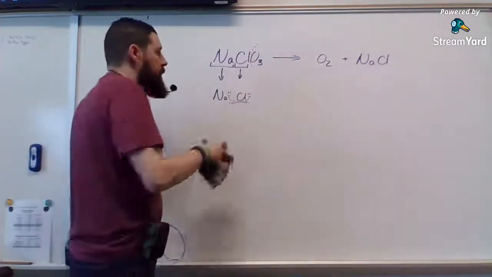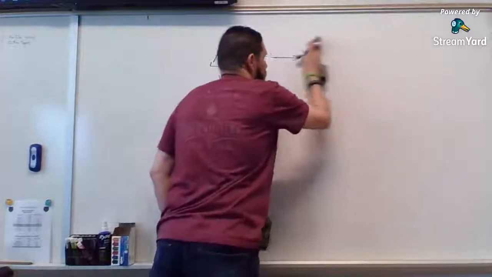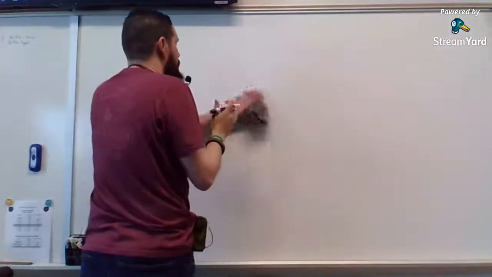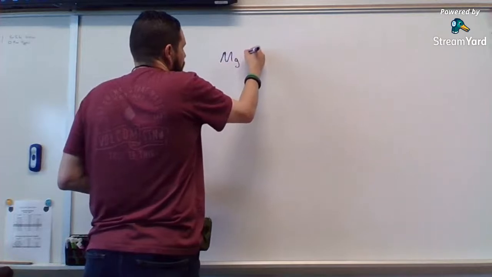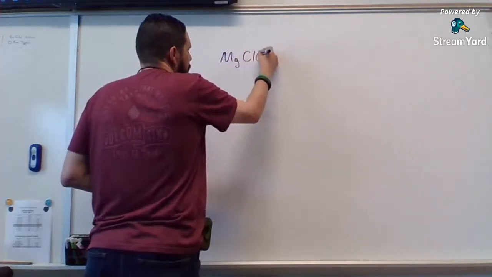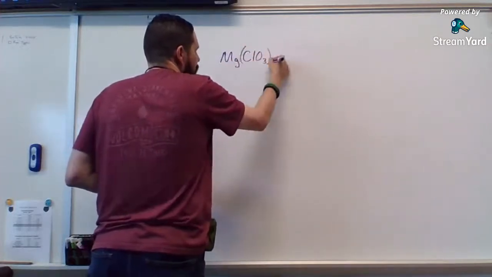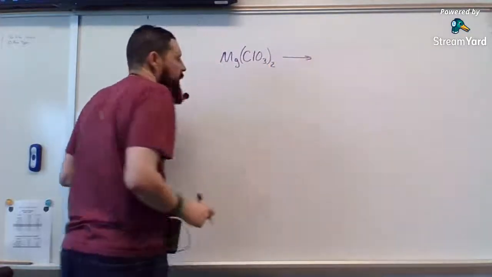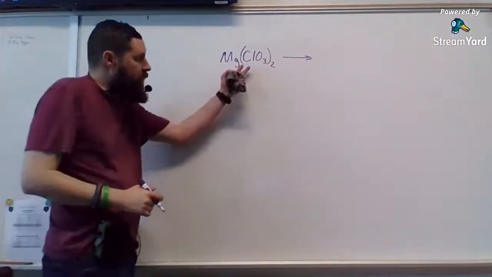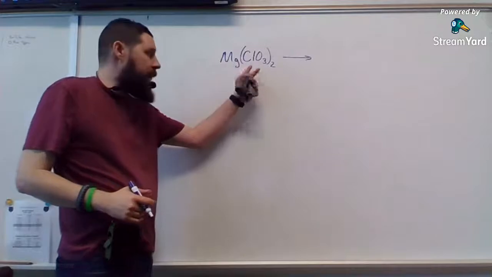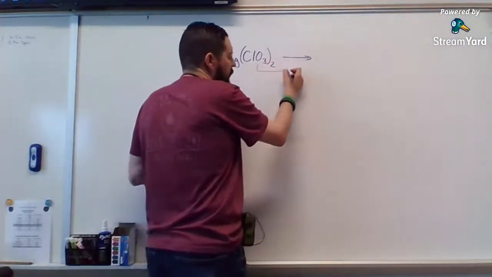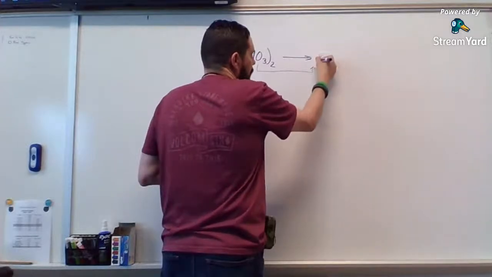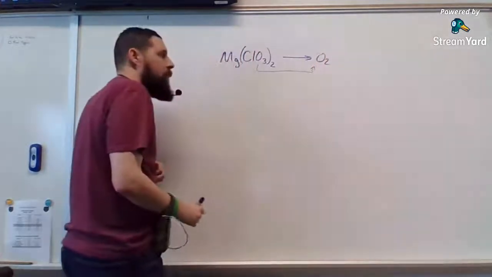Let's do another. Let's take magnesium chlorate, Mg(ClO3)2, decomposes. So again, as soon as I see I've got a metal with a chlorate, that oxygen is where I'm getting O2 from.